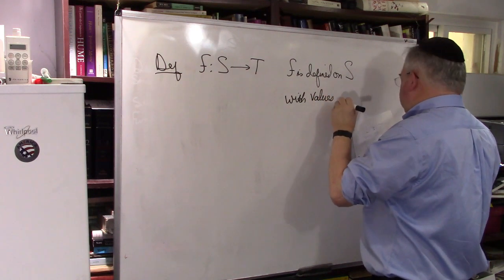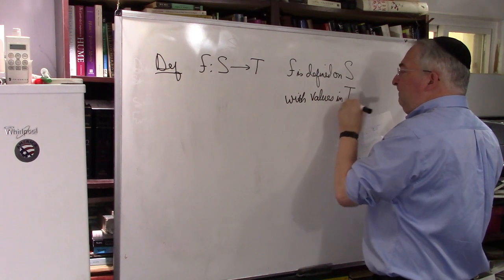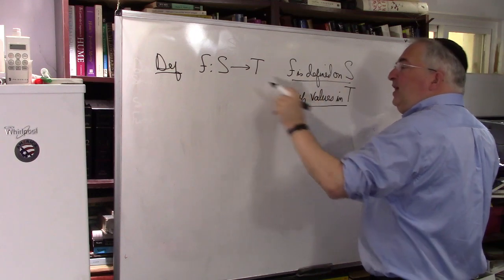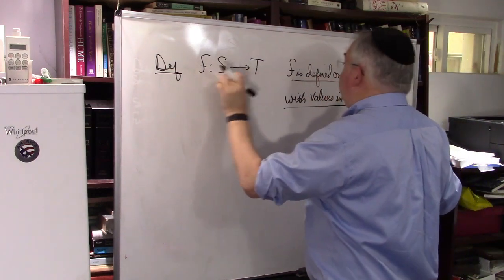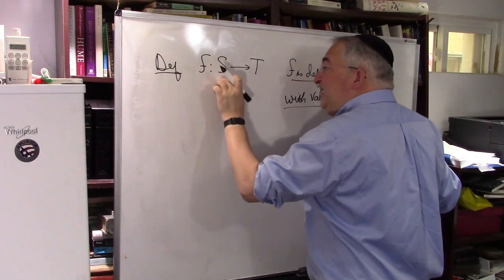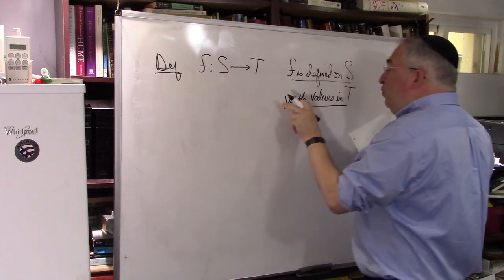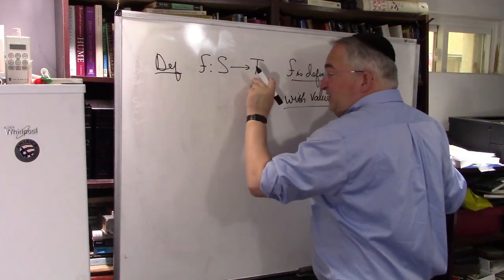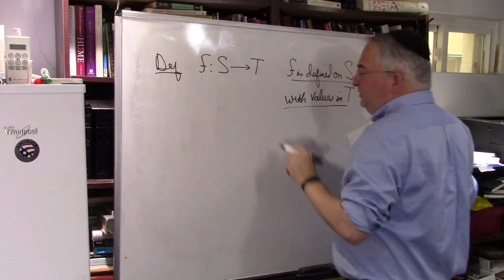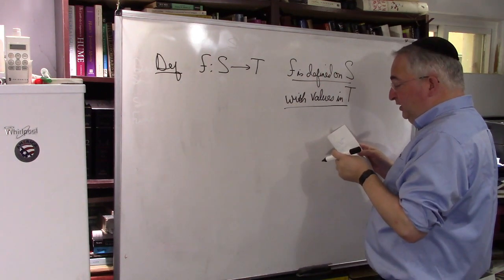So we say it's defined on S. In other words, it gets its inputs from S with values in T. Its outputs are in T. So we write it like that. Again, it's English. Okay?